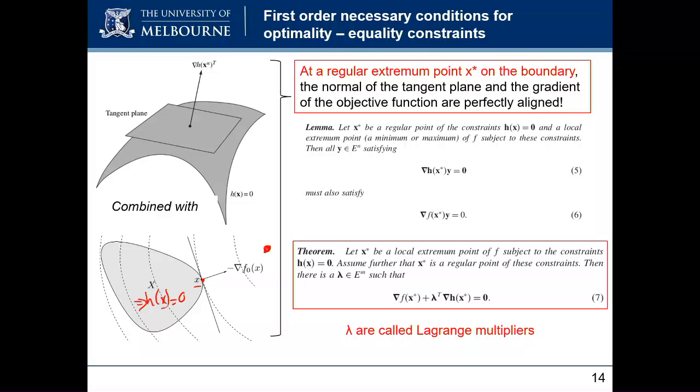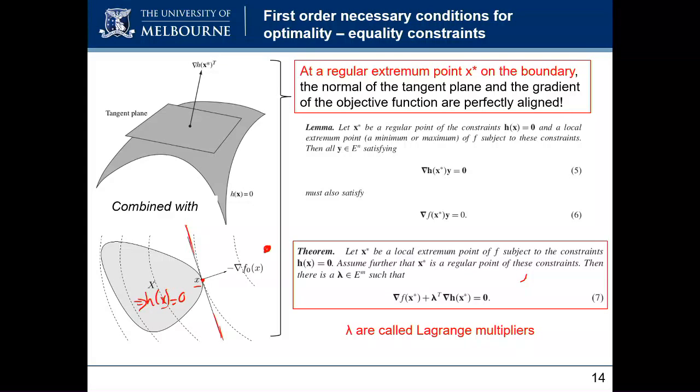But notice at the same time that x is also on the surface, because it is satisfying the equality constraints. I can draw a tangent plane at any point of the constraint set, but that is my solution, and at that very specific point I can also put a hyperplane.